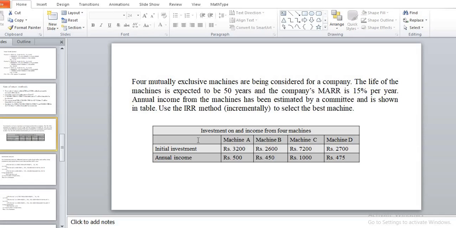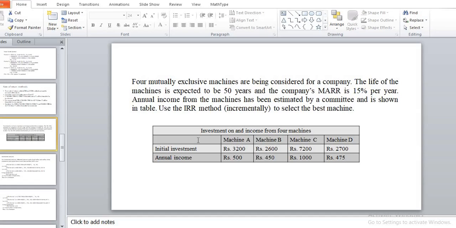For the mutually exclusive machines A, B, C, D, the lifespan of each machine is 50 years. The company MRR value is 15% per year.